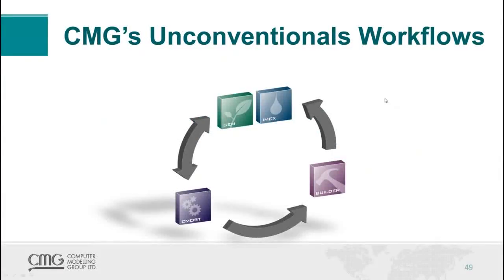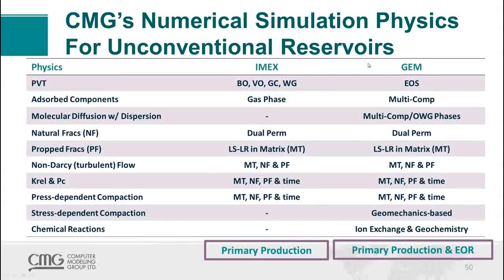So let's just step by step go through the application of CMG's workflow to numerical modeling. The first thing you want to do is pick the reservoir simulator that has the required physics to match what you think is going on in a particular area. And this slide is pretty busy, but it does compare using IMEX, our black oil simulator, with GEM, our compositional simulator, and how that stacks up in various categories and what you might want to use for your particular application.